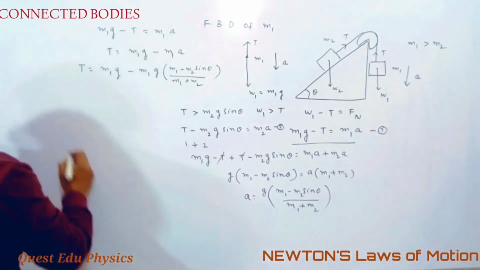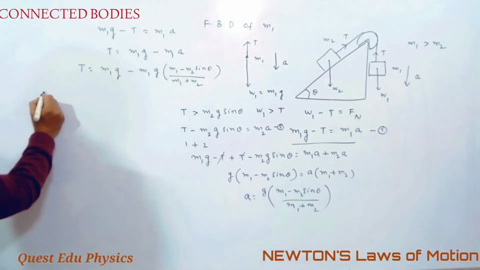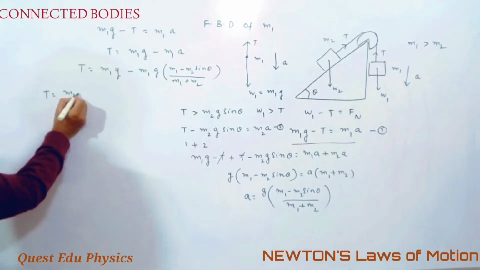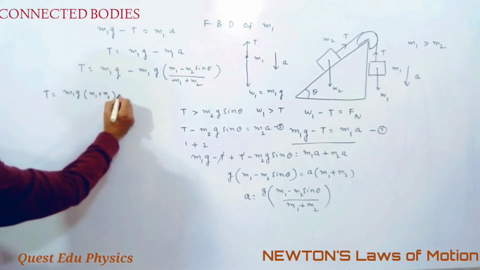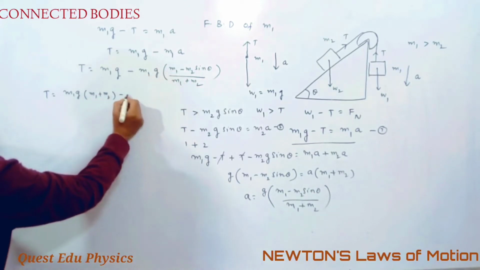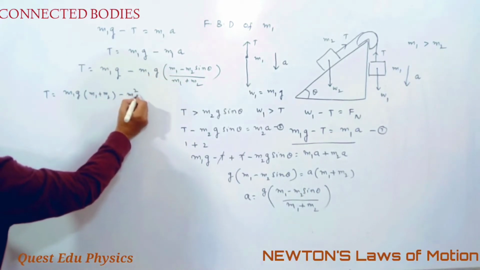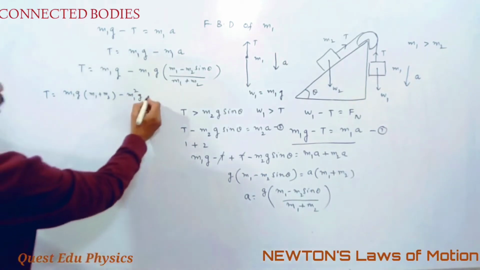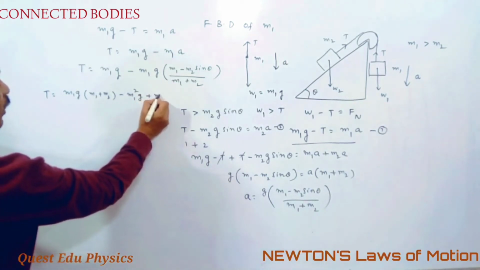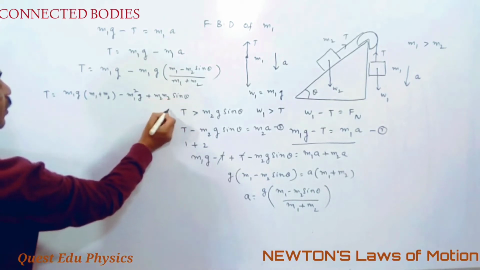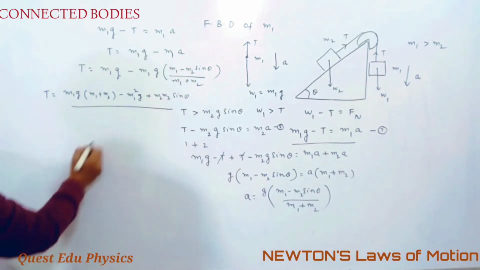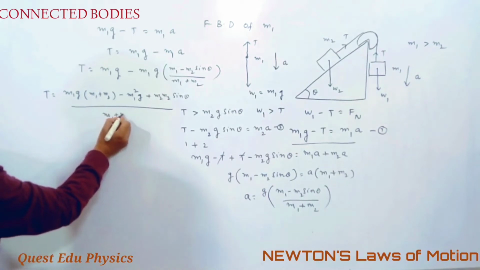Let's simplify. We can write it as T is equal to M1G into M1 plus M2 minus M1 squared G, plus M1 M2 sin theta, whole divided by M1 plus M2.